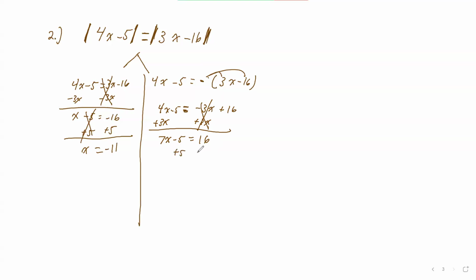Add 5. And then, yes, 16 plus 5 is 21. So x is 3. So our answers here are negative 11 and 3.